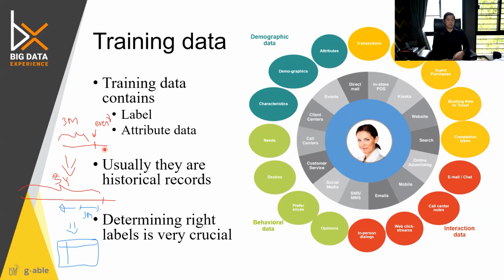But instead, I suggested that the problem itself can be framed as a classification model, a predictive model, to predict the label of who will not pay. So the problem shifts from creating a large social network analytics into building a focused model to perform classification. Determining the label is very crucial here.